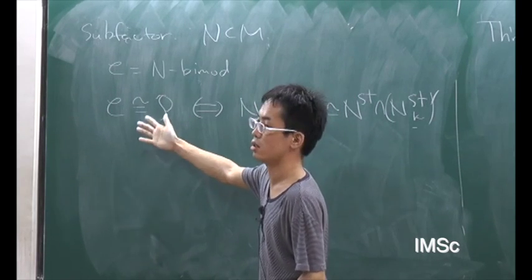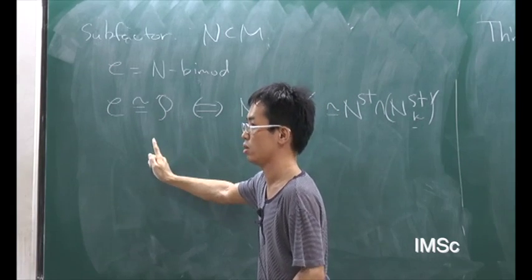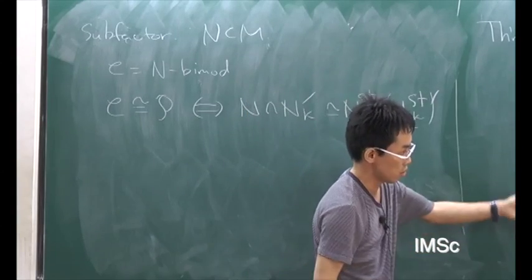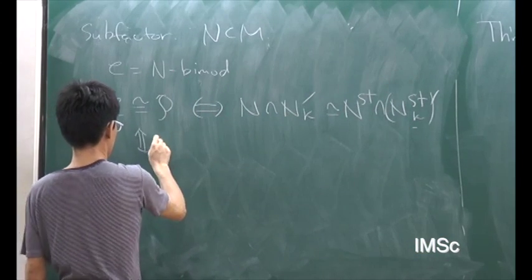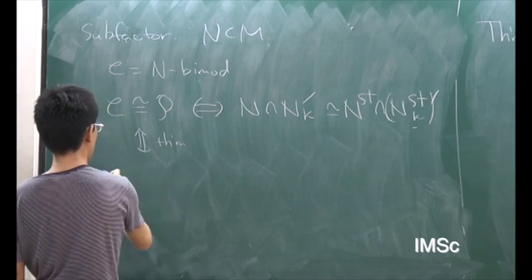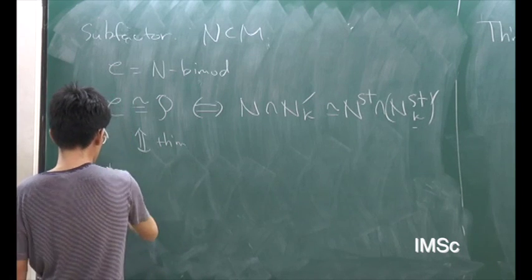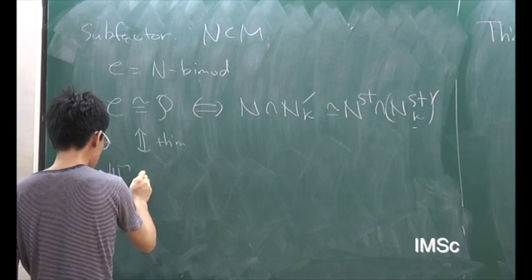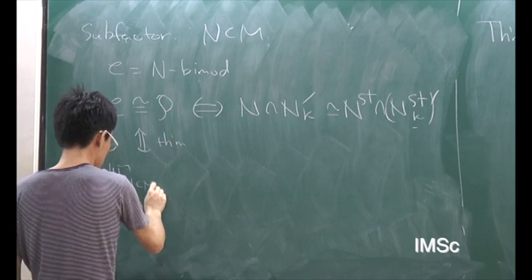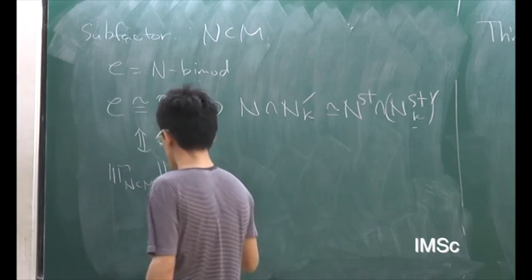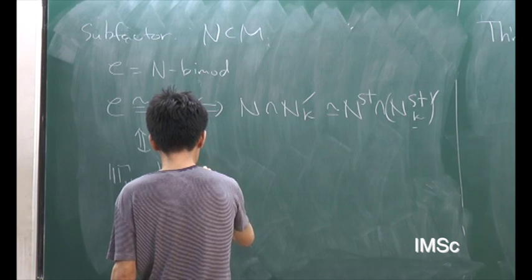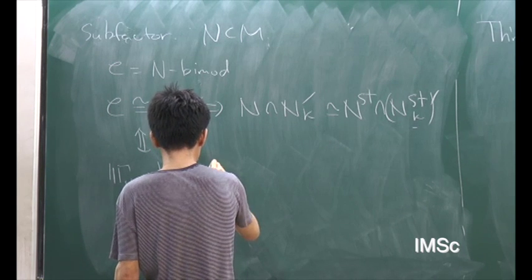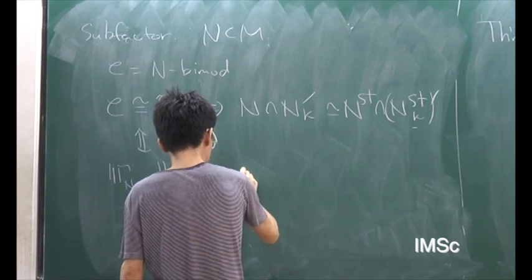But then that's the same as the amenability condition by this theorem. So then the principal graph norm has the minimal index.